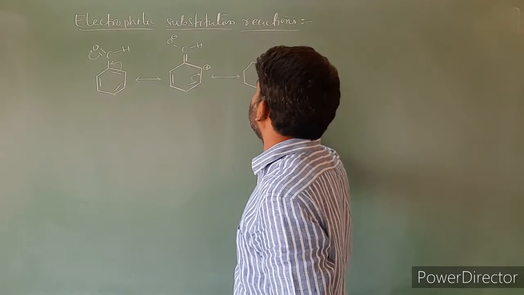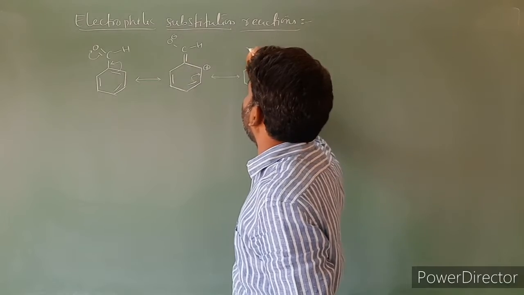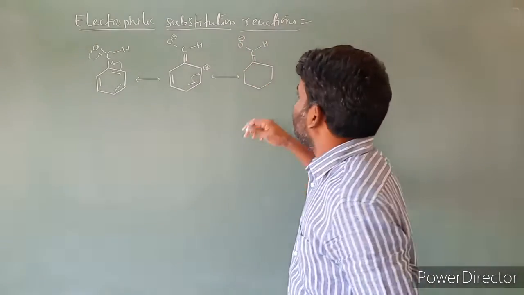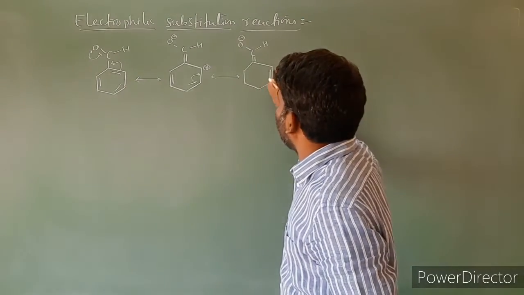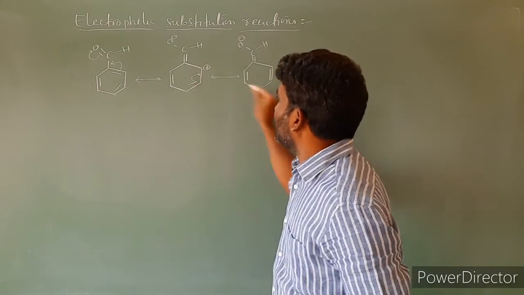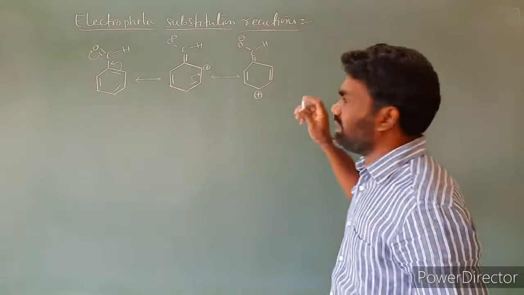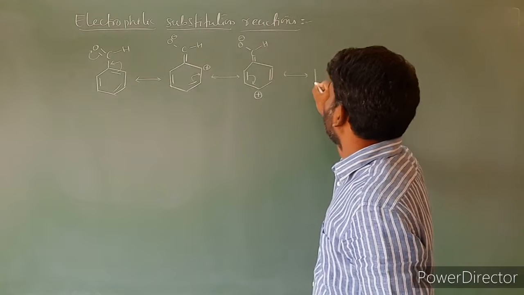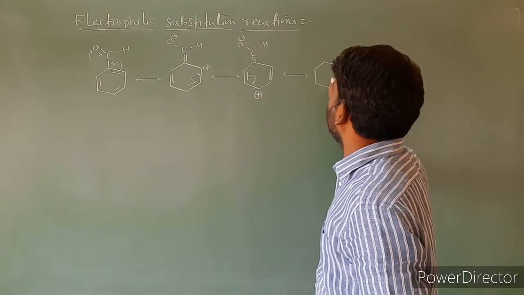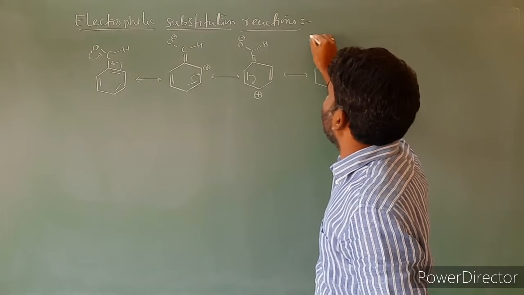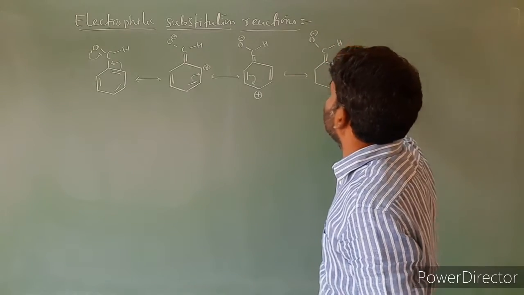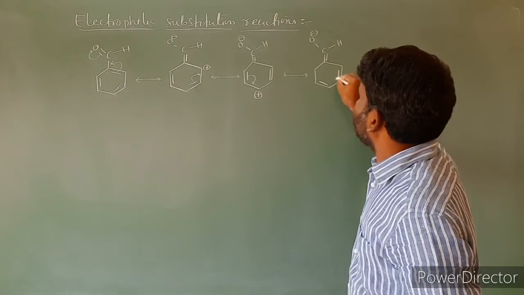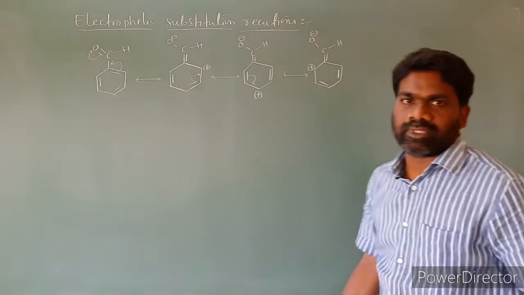We get one more resonance structure. C double bond, O minus, H, isn't it? Then a bond is formed here, this bond is shifted here, and the positive charge appears here. Then this bond will come here, and we expect one more structure: C O with a negative charge, H, with the pi bond here and the positive charge formed here.